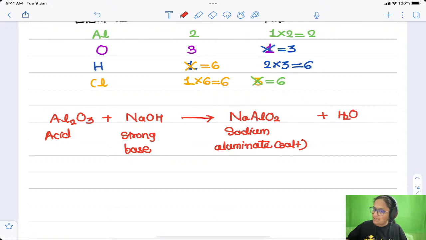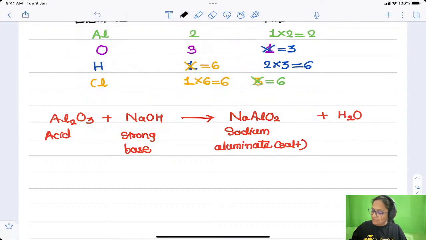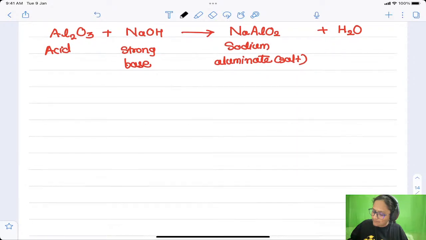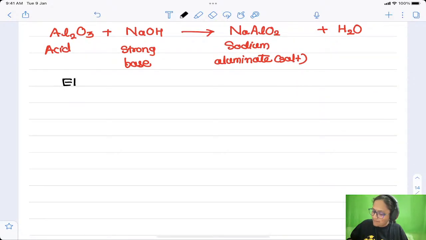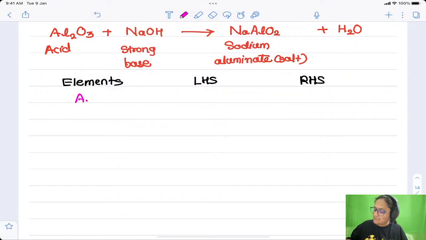Now let us balance this reaction also. For that purpose let us see the elements present on left hand side and present on right hand side. Let us start with aluminum. Aluminum on left hand side is 2, right hand side is 1.